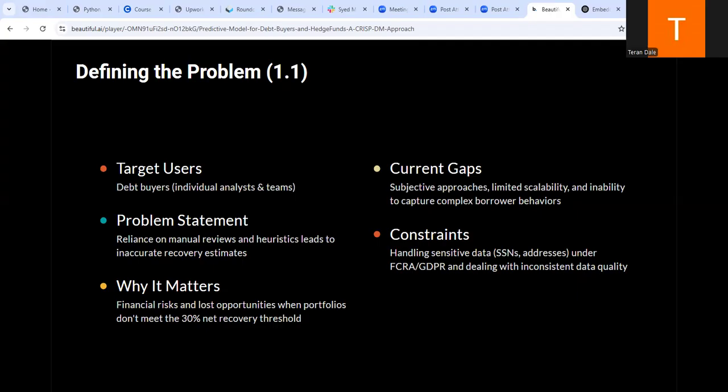As I said, the pricing and everything else. The problem statement: currently, debt purchasing decisions rely on manual reviews, simple heuristics, or limited data analysis. And from my experience, I can tell you up front, this is very accurate: the heuristics in themselves are heavily relied upon, which sometimes is not as accurate.